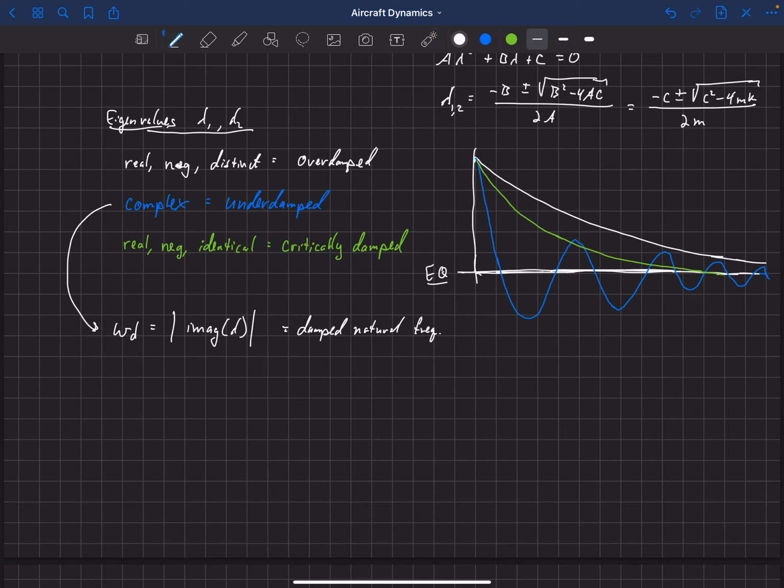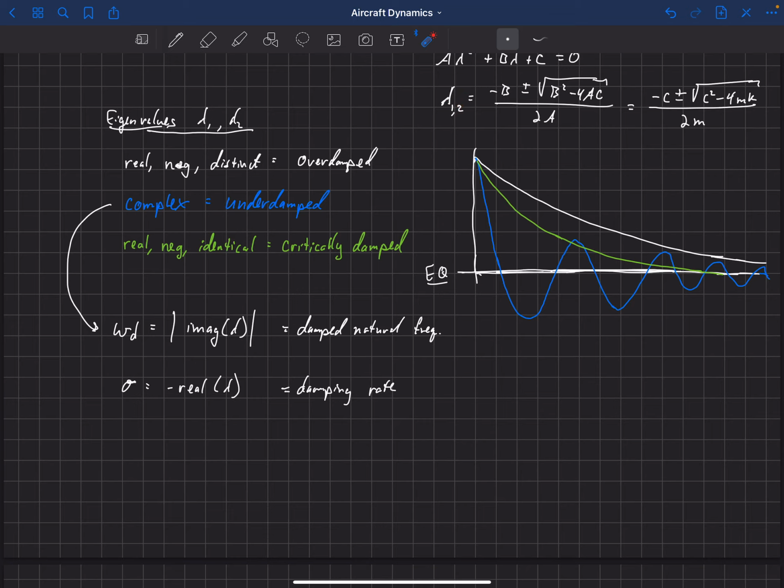Now, whether it's complex or not, we can compute what's called a damping rate. We use sigma for that, and that's equal to minus the real part of lambda. That's called the damping rate. No matter if these are real or imaginary, these eigenvalues always come out as a pair, because we always have two eigenvalues that are related.